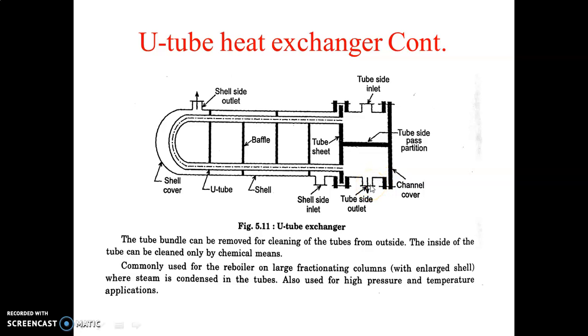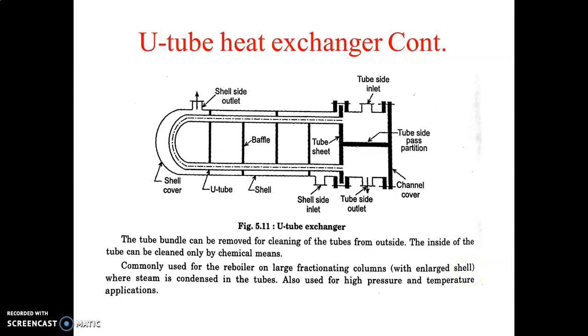The shell side fluid also flows in this direction, gives or takes heat, and is removed from this side. This type of heat exchanger is used in reboilers or sometimes in high pressure and high temperature applications.